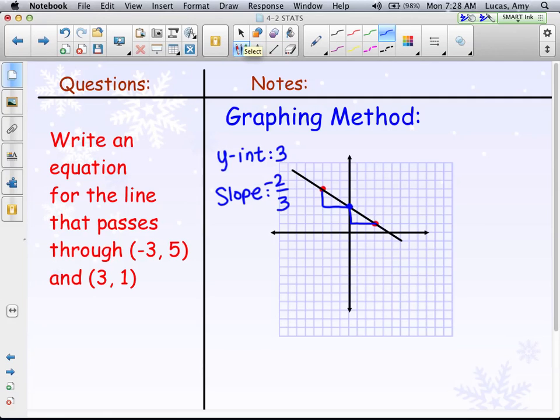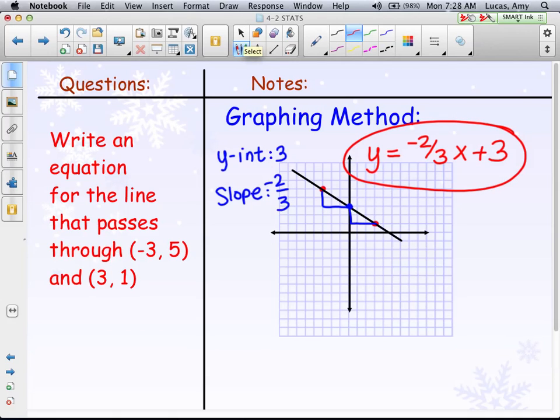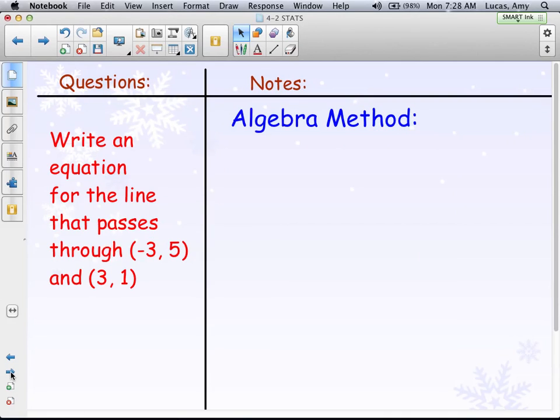So using that information, the equation for my line would be y equals -2/3 x plus 3. That's using the graphing method. So you graph both of the points, and then you have to look at your graph, analyze it, find the slope, and find the y-intercept. On this example, that worked out great.